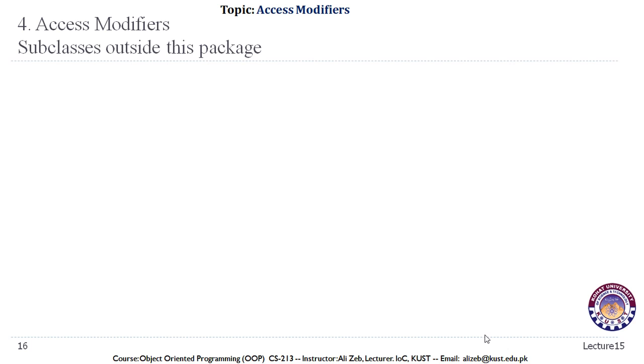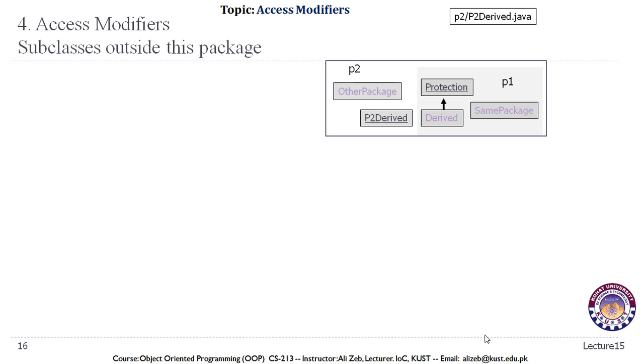Now let's look at how we can access from the subclasses that are outside of this package class. So we have the same package p1 that has a class protection, and we have another package p2 that has a class p2 derived. Now the p2 derived is a subclass of the protection class, although they are in different packages.